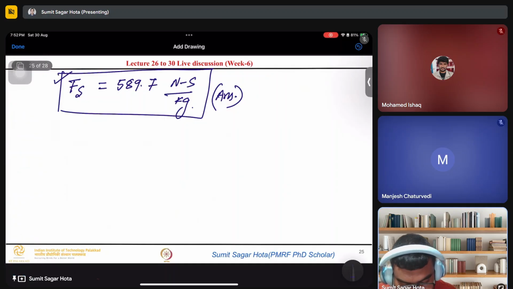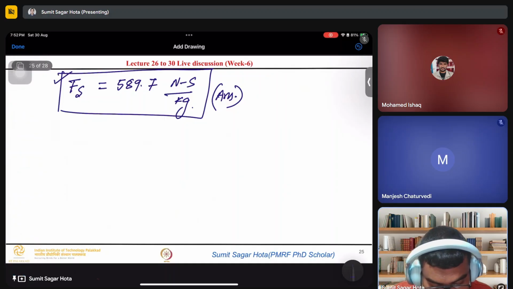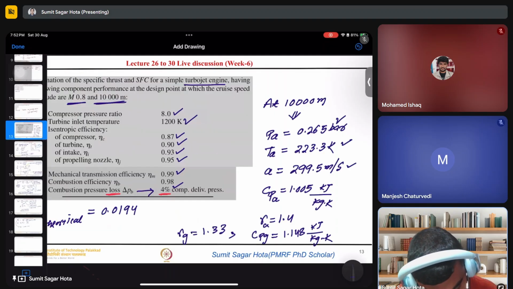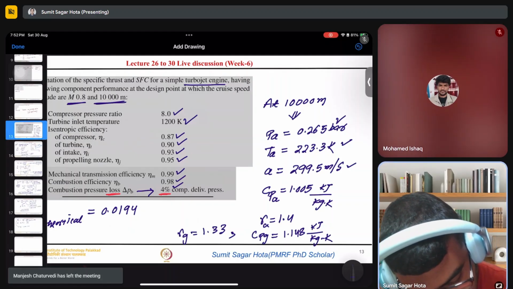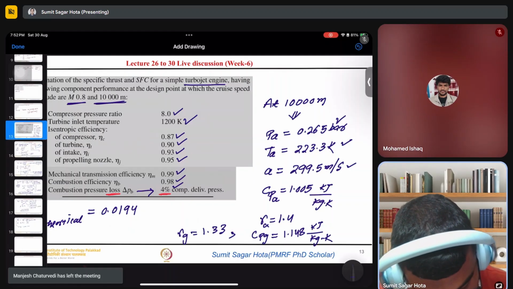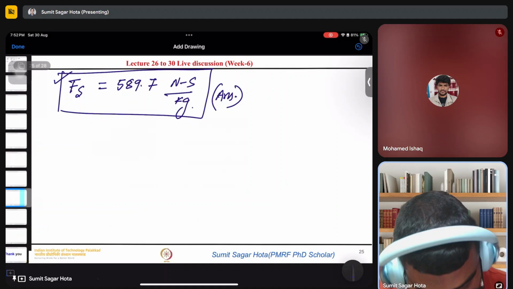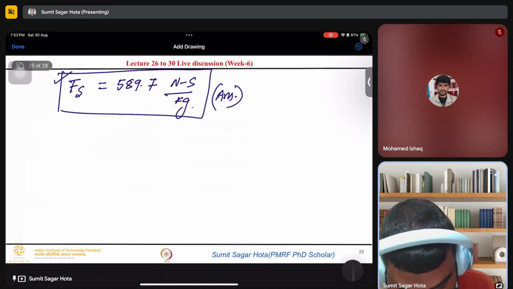So why do I need this value? Because in the question one more condition is given: combustion efficiency of 0.98. That's why we need it. So what is the formula of combustion efficiency?